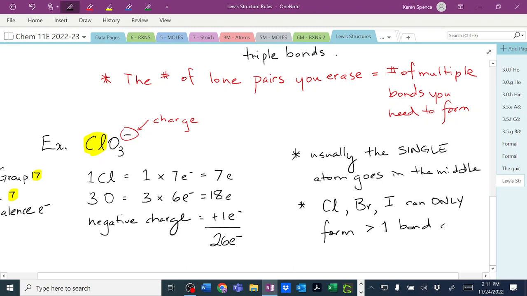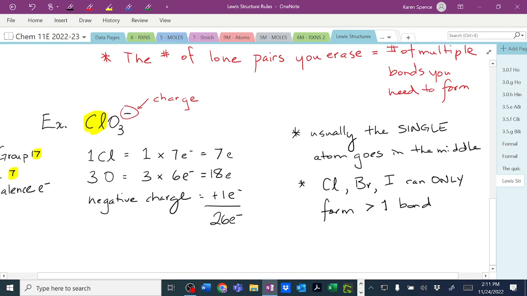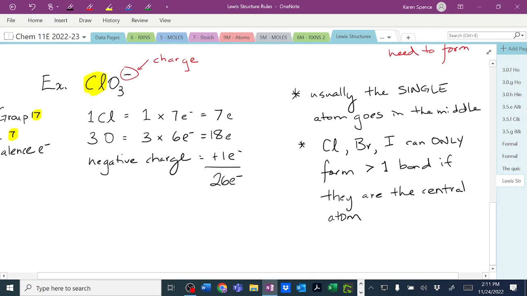Yes, of course. Chlorine, bromine, and iodine can only form more than one bond if they are the central atom. Fluorine can only ever form one bond.